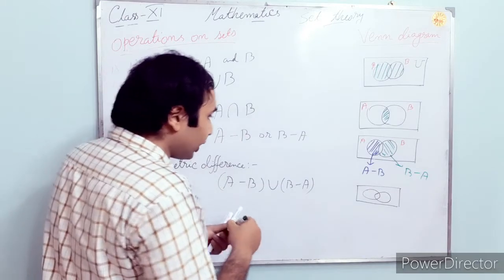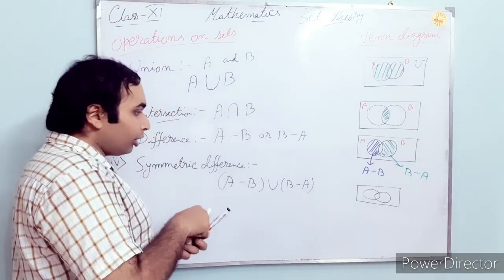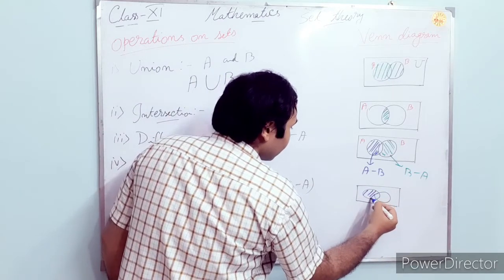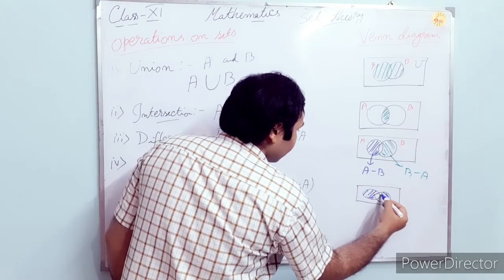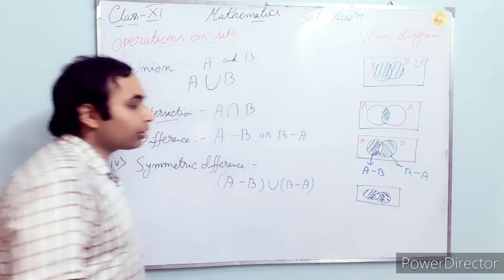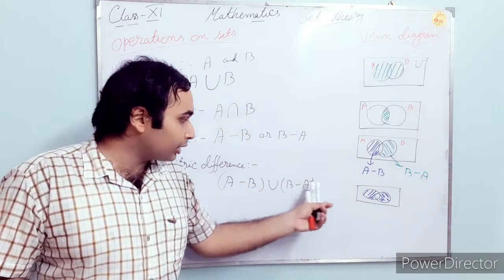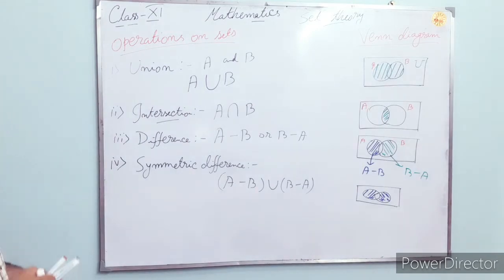So we have to take the union of those two sets, that is this set and this set. That means except for the common part, we have to take both those two sets. That is called the symmetric difference.